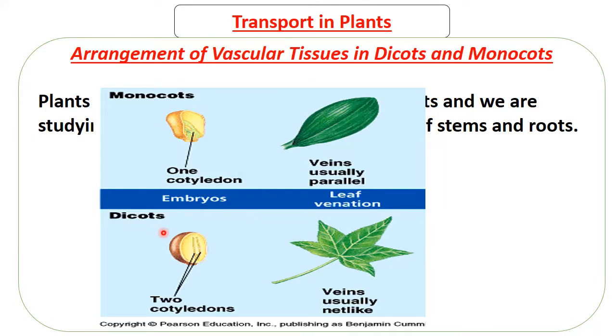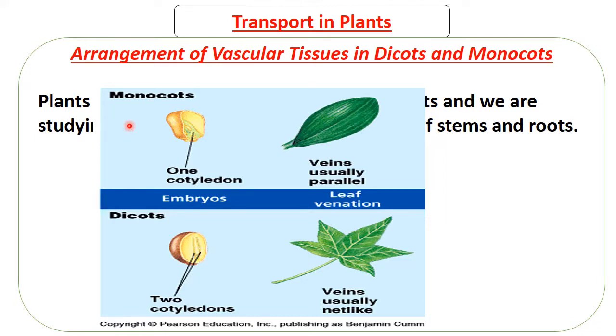Then dicots have two cotyledons. Di means two. So a seed of a dicot has two cotyledons in it. Then the veins for a leaf of a dicot is like this. They are formed like a network-like kind of arrangement. So this is the difference between monocots and dicots.